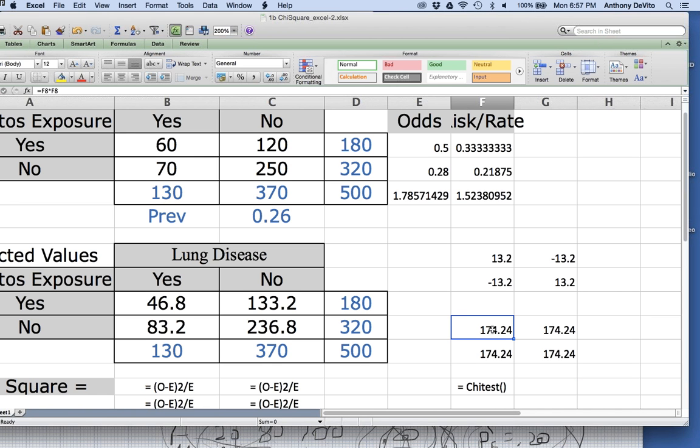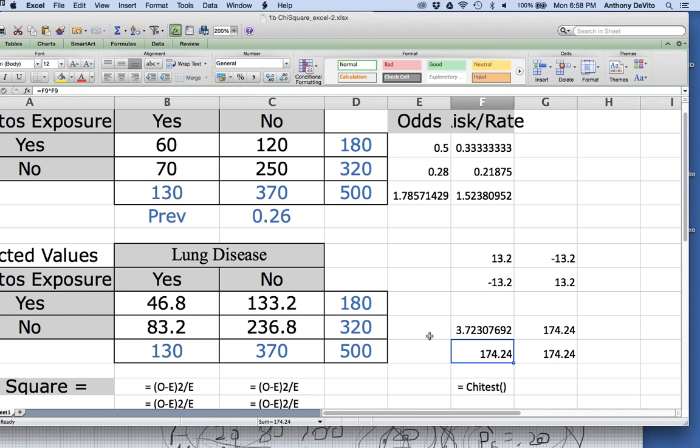So I'm going to go back into each one of these cells that I've squared, and I'm going to divide them by the expected value. So for this first cell, I'm going to take the observed value for cell 1 minus the expected value of cell 1, square it, and divide it by the expected value. That becomes 3.72.